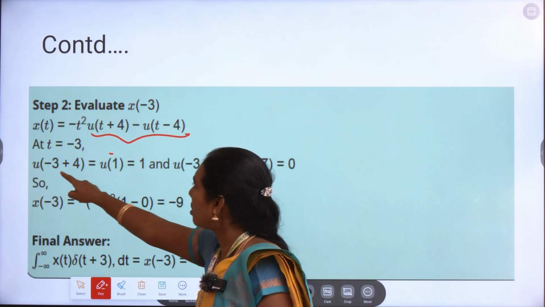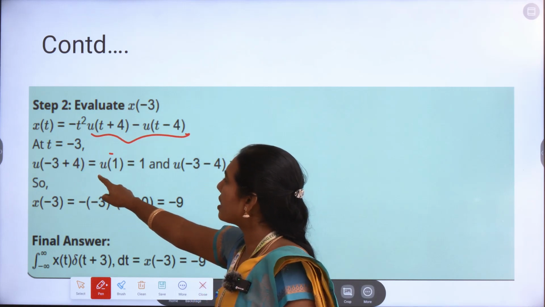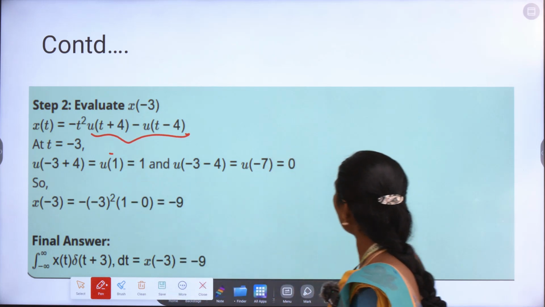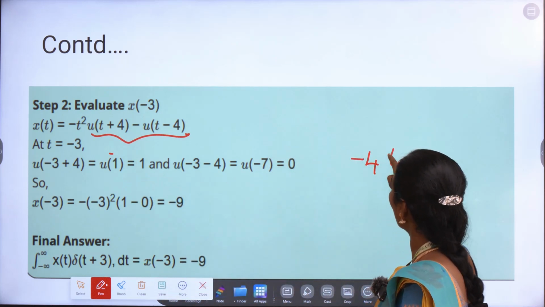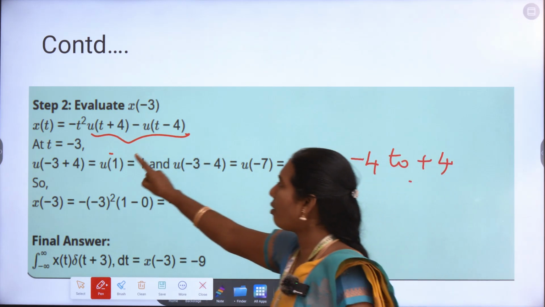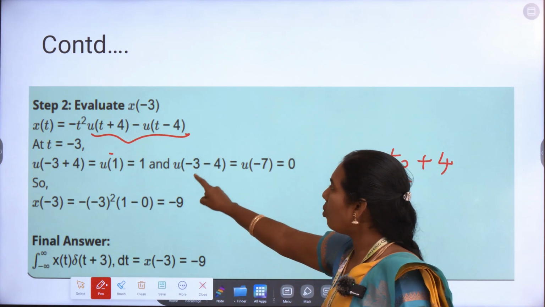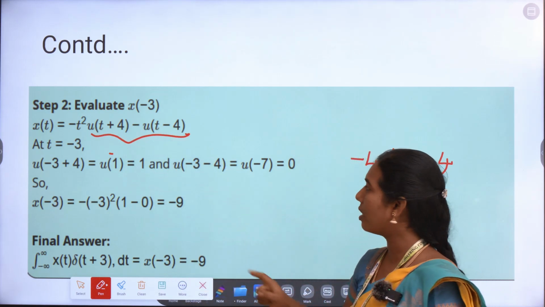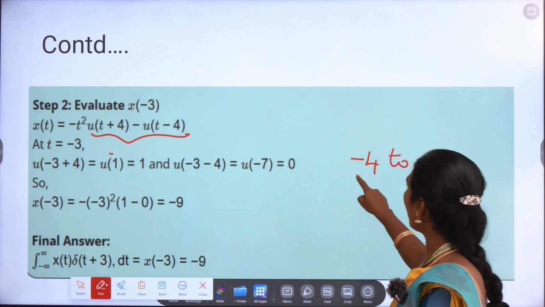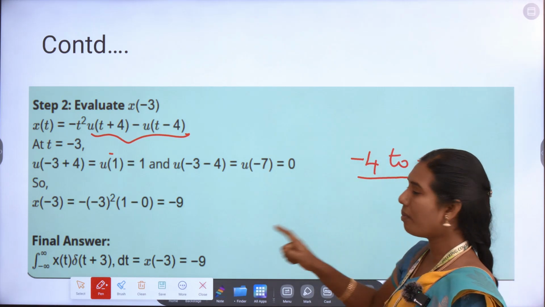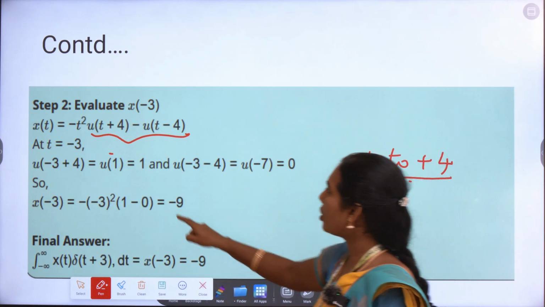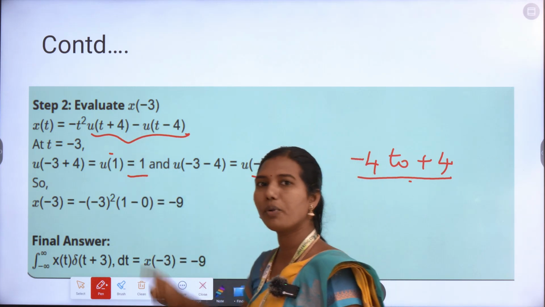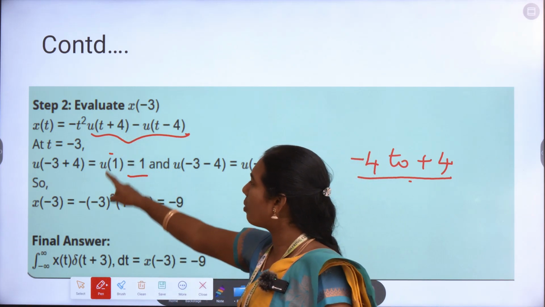We get u of minus 3 plus 4, which is u of 1, and the signal exists from minus 4 to plus 4, so u of 1 is equal to 1. Then u of minus 3 minus 4 becomes u of minus 7, which is 0. Substituting these values, u of 1 equal to 1 and u of minus 7 equal to 0, in the above expression, with t equal to minus 3.